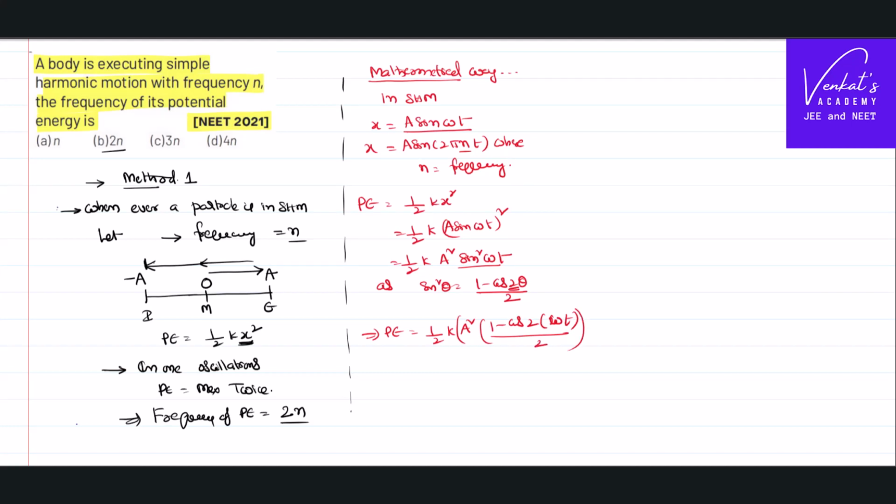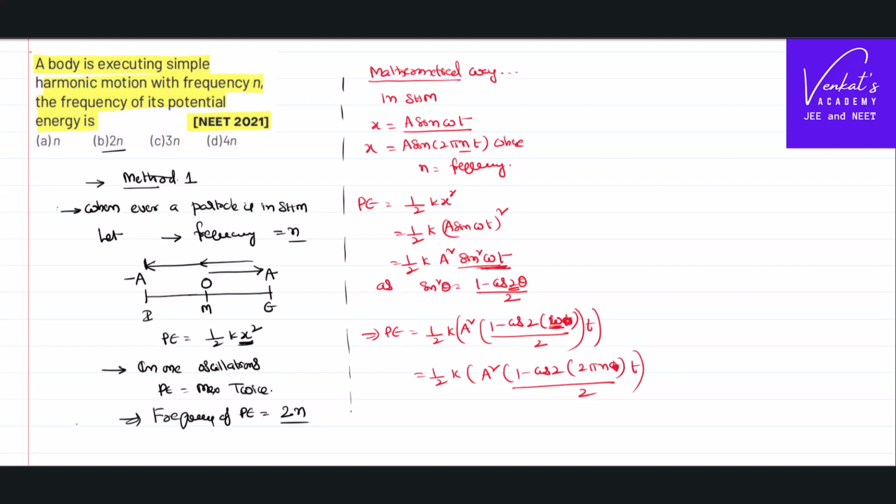Now in place of omega also, I can write 2 pi n. So potential energy is half k a square times (1 minus cos 2 times 2 pi n t) by 2.